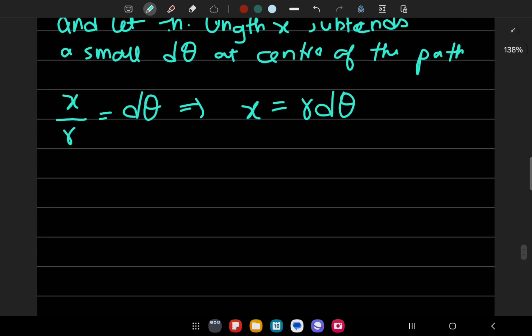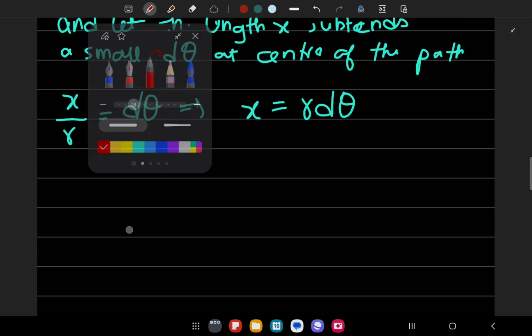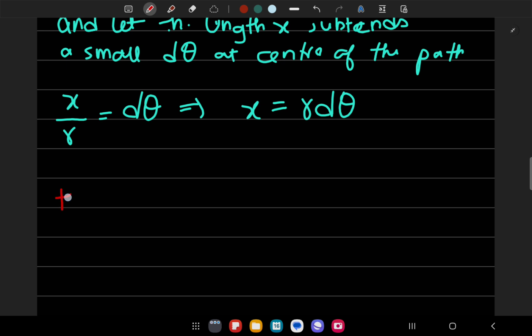Now let's assume that the mass of the rope is uniform.